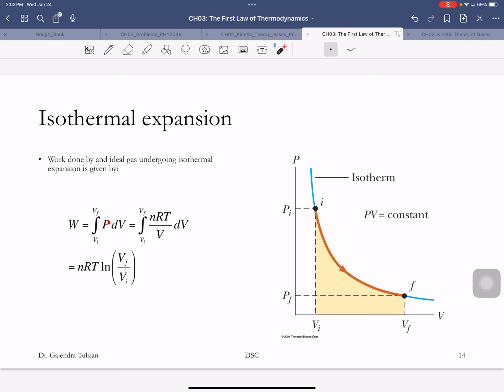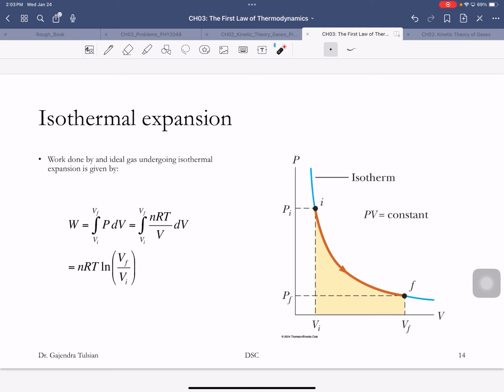So you have to know P as a function of V. Okay, but we know that for an ideal gas, P as a function of V is that for an ideal gas. Okay? And this integral is easy to do. That's log V. Okay. So for an ideal gas, if that's the final volume and there's the initial volume, that's the amount of work done when the gas goes from this initial volume to that volume.